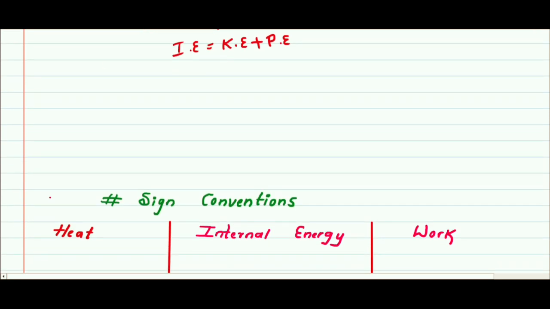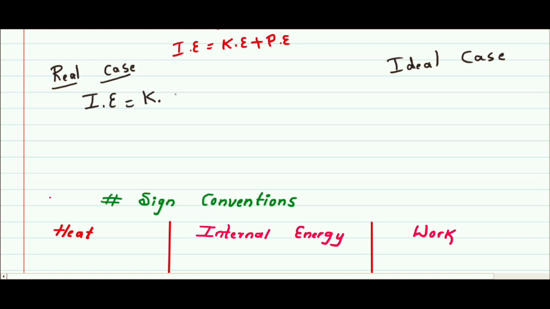If we consider two cases, the first is the real case, and the second is the ideal case. In the real case, total energy is equal to internal energy, and internal energy is equal to kinetic energy plus potential energy. What is kinetic energy here?